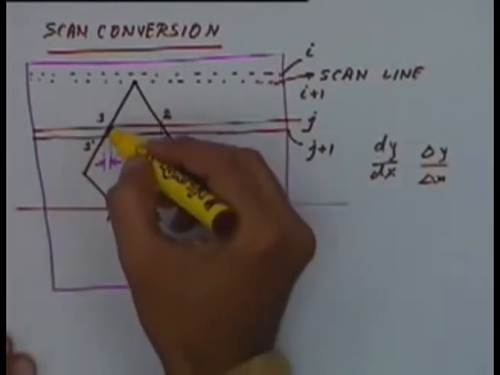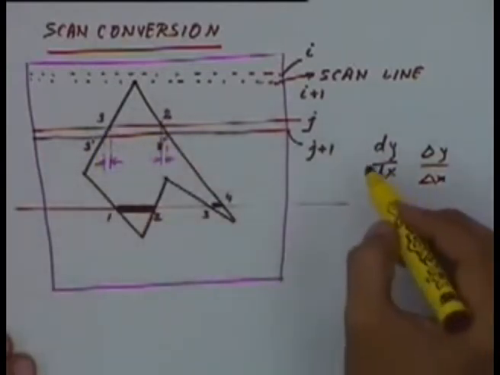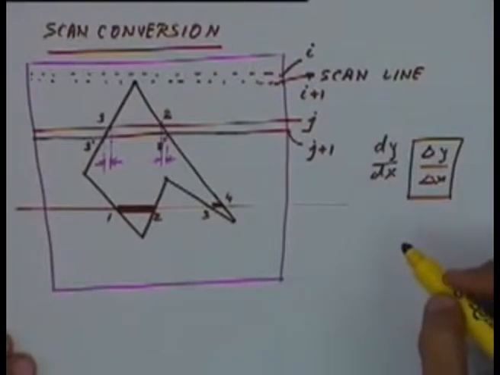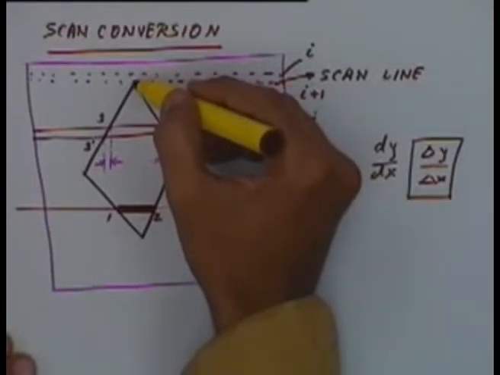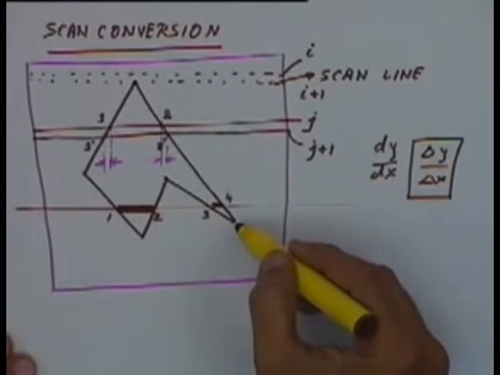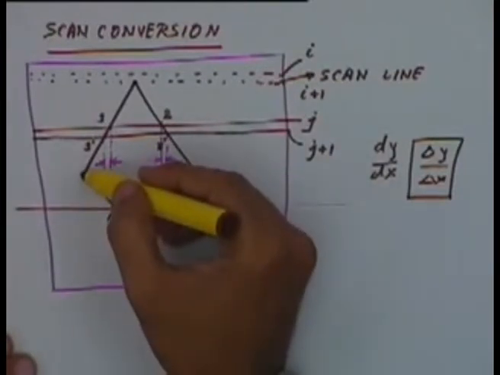First, for all intersection points, the intersection point would shift by an amount delta y by delta x. The other thing that can happen is that as we move from one scan line to a second scan line, new edges can start, or an edge can come to an end.